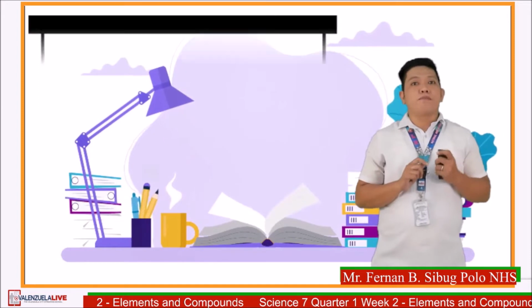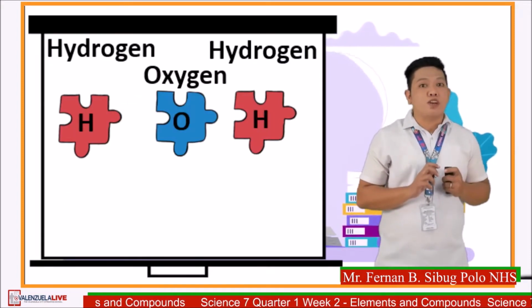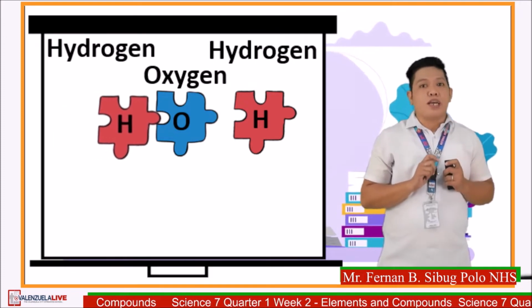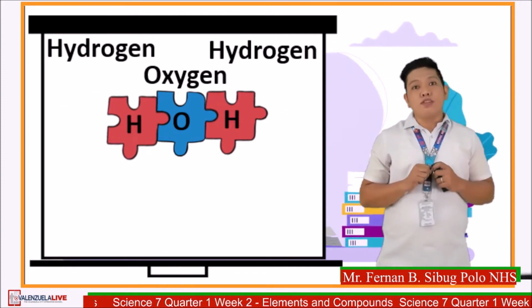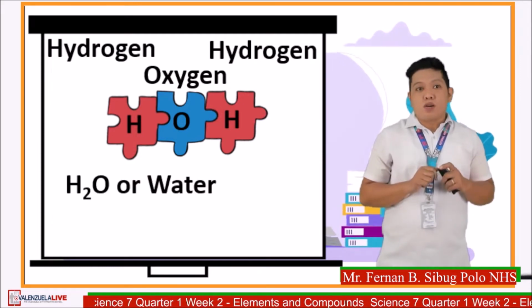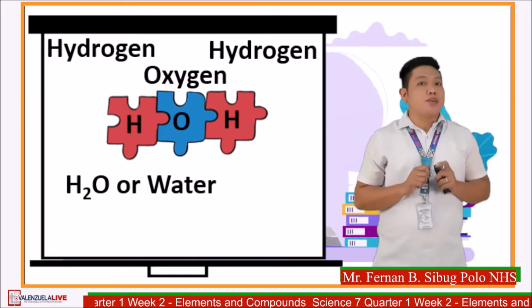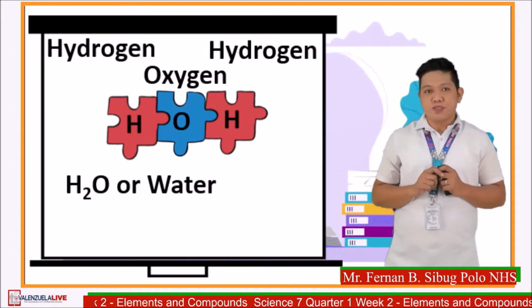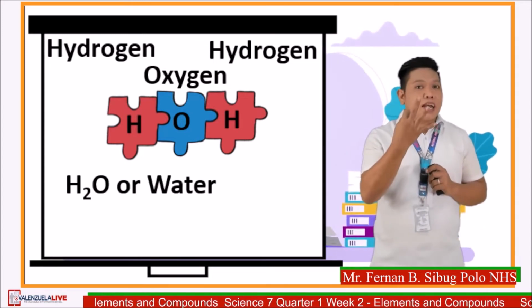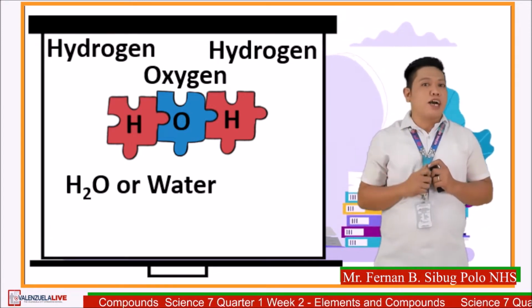Here's another example. If you combine 2 hydrogen atoms with 1 oxygen atom, you will again form a compound called water or H2O. How many atoms are there in water? Correct. There are 3 atoms, 2 hydrogen atoms and 1 oxygen atom.